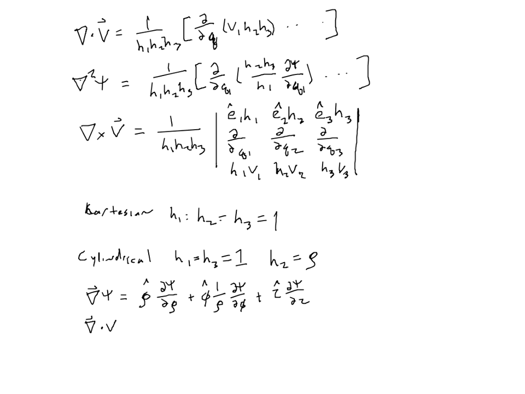And when you calculate your divergence, it's going to be 1 over rho partial with respect to rho of rho v rho plus 1 over rho partial v phi with respect to phi plus partial vz with respect to z.